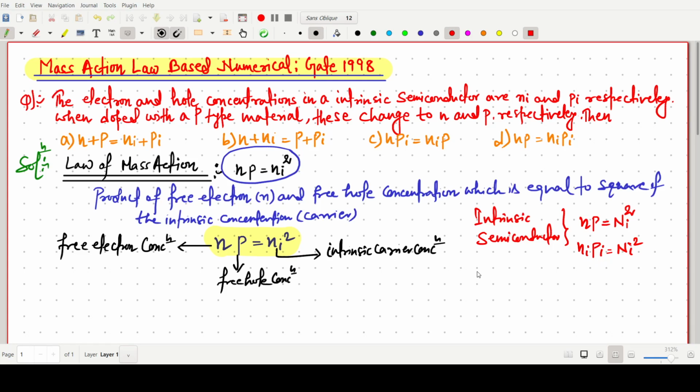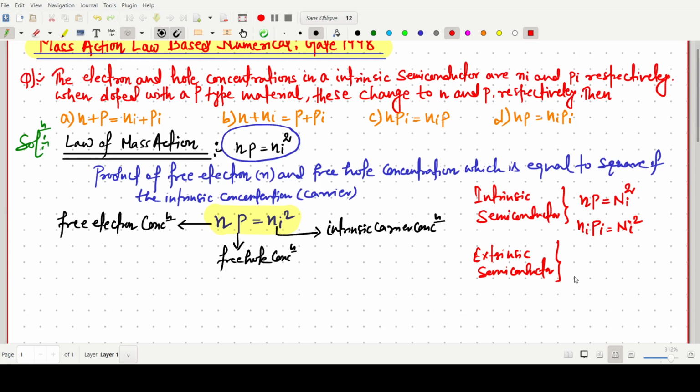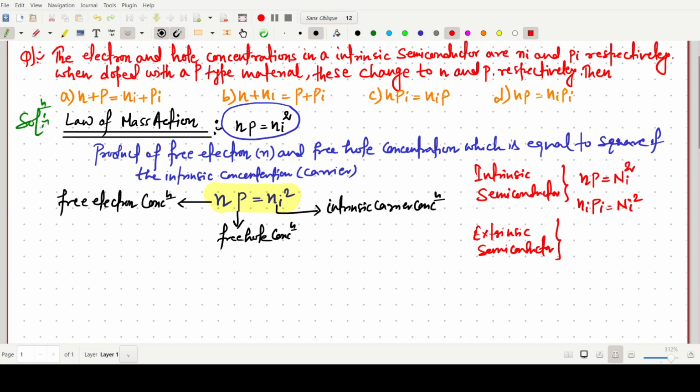Now for the extrinsic semiconductor, it may be an N-type material or a P-type material.